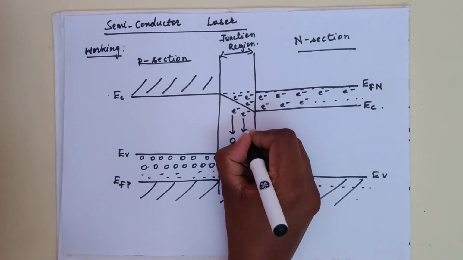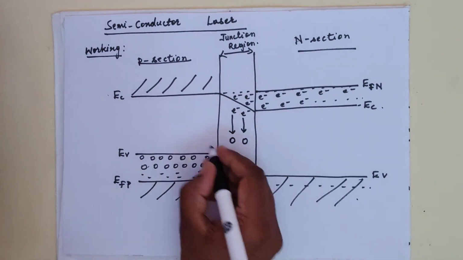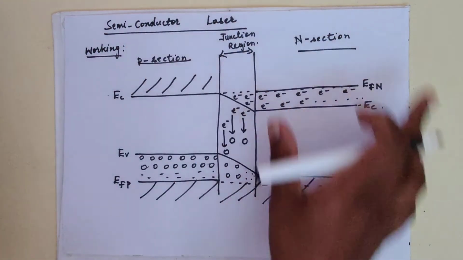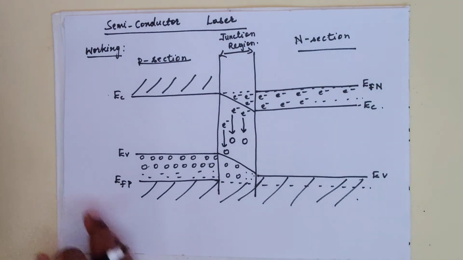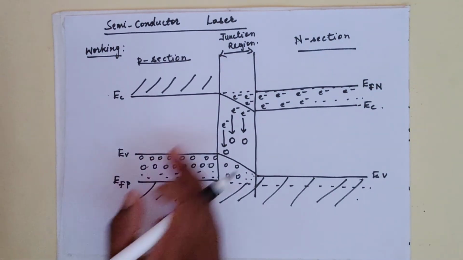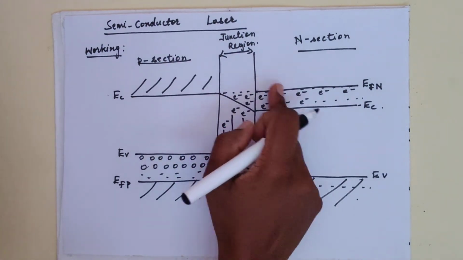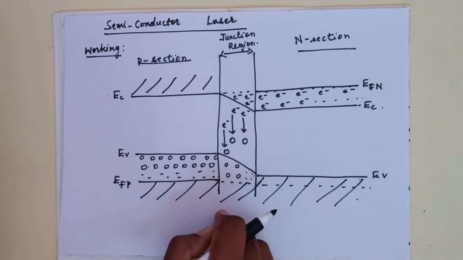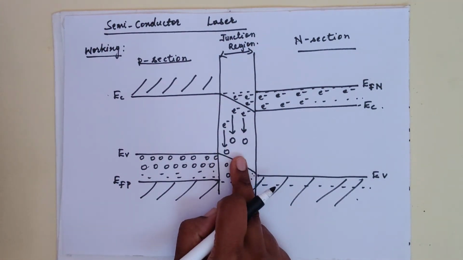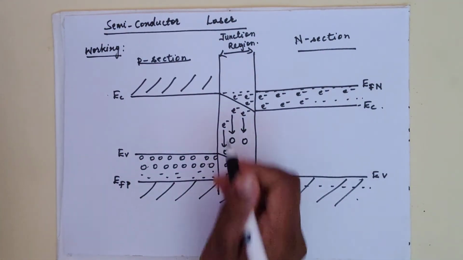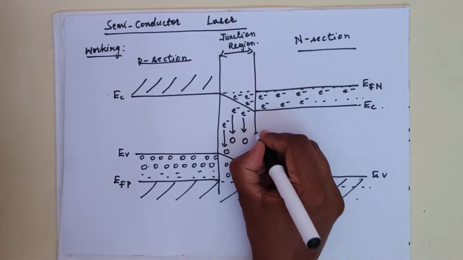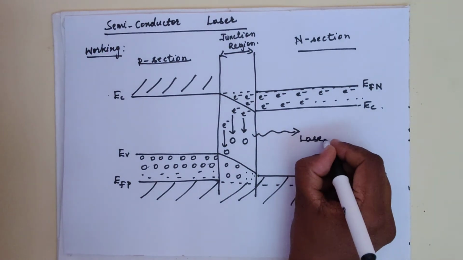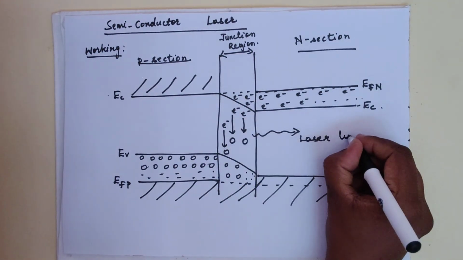Since the voltage is very small, this will be a spontaneous emission in the initial stage. As the voltage is increased, more and more electrons cross the barrier and more recombination occurs, thus triggering the spontaneous emission to stimulated emission. Once this is triggered, laser light is emitted from the junction region.